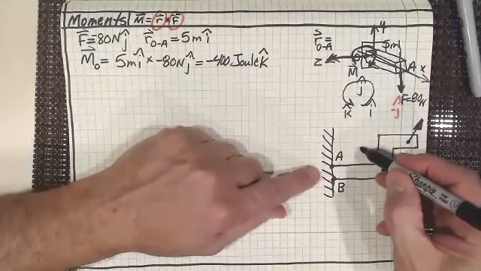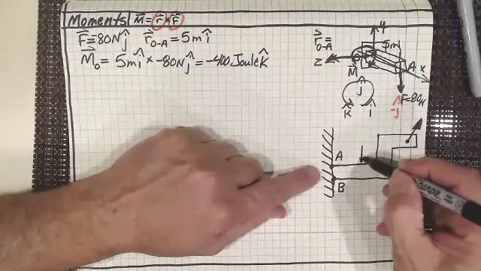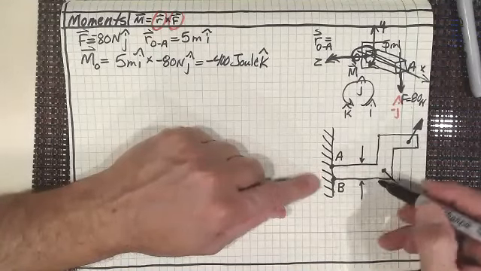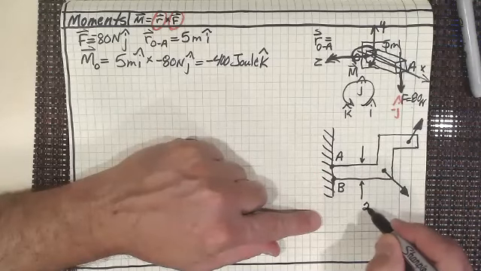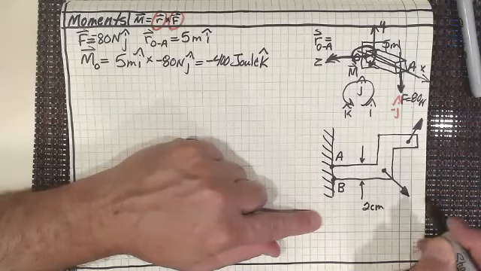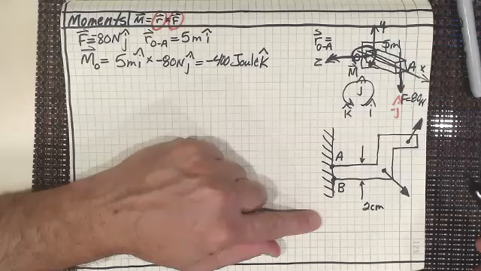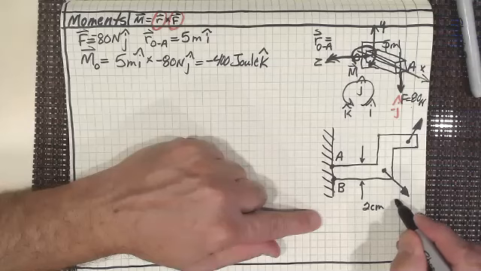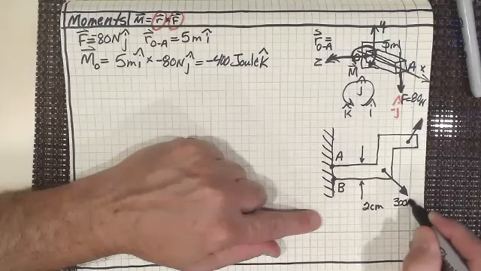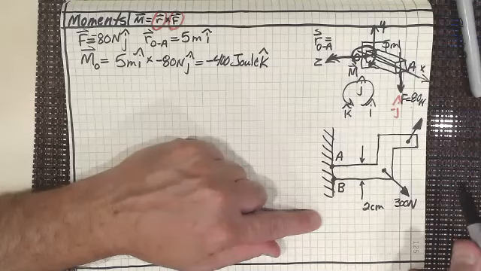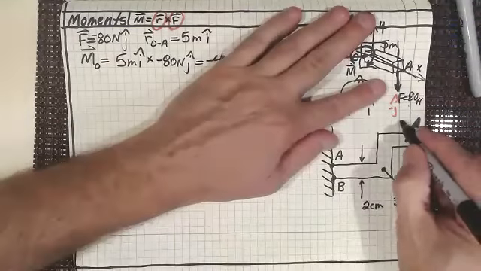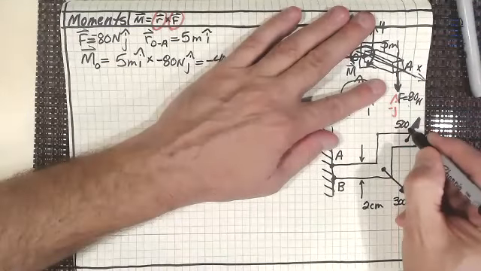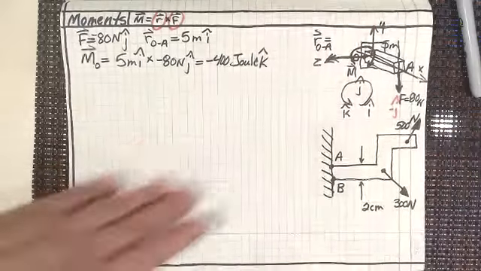And we know that the thickness of the flange that we're looking at is going to be 2 centimeters. Okay? It's 2 centimeters. This is going to be a 300 Newton force, and this is going to be a 500 Newton force.